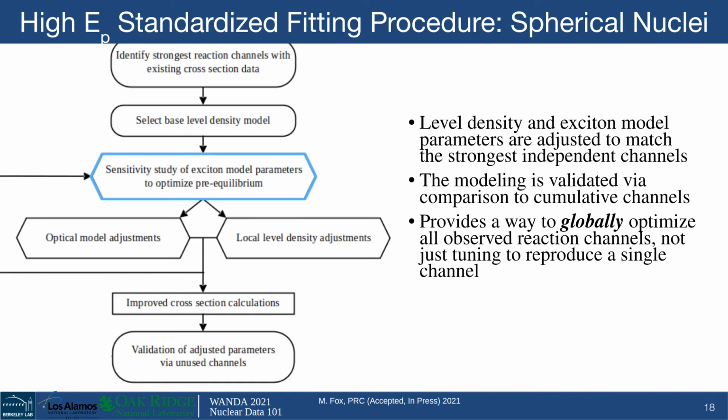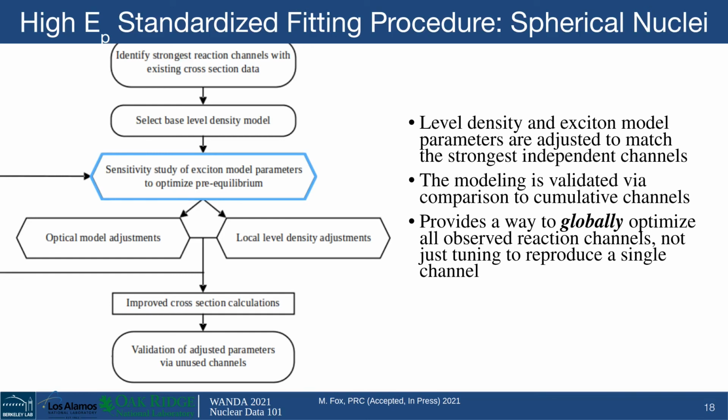At this point, these improved cross-section calculations may be validated by calculating cumulative reaction cross-sections down a mass chain. As a result, such an example framework does provide a way to globally optimize all observed reaction channels rather than a single or small number of strongly fed channels.